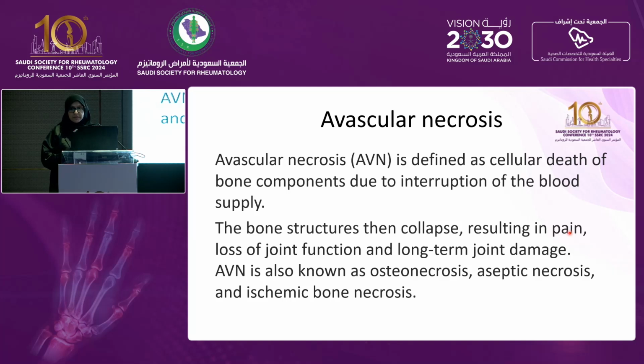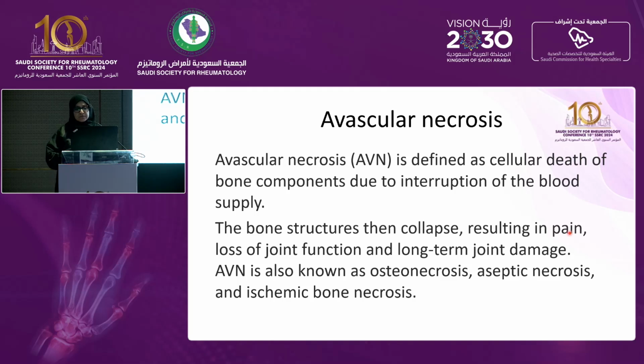Avascular necrosis is a very common complication in sickle cell disease, defined as cellular death of bone components due to interruption of the blood supply, leading to death of the bone. The bone structure then collapses, resulting in pain, loss of joint function and long-term damage of the joints.